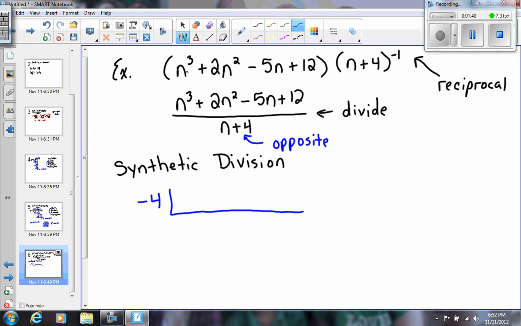And we're going to use the coefficients. I have a 1 right here. If there's not anything showing, I have a 1n cubed plus a 2n squared minus a 5n. So I'm going to use just the number parts. So 1 and a positive 2, a negative 5, and a positive 12. So I'm using the coefficients.